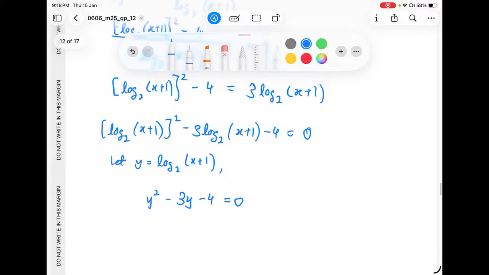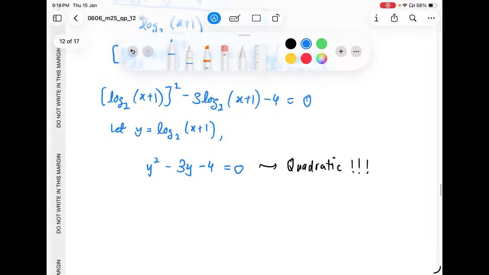Now what do you get? A quadratic equation. Now you just need to solve this quadratic, and then make the solution to be log_2(x+1) and then solve it.